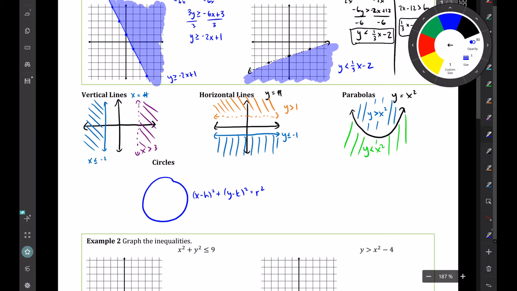So if you have the same thing, but you want (x minus h) squared plus (y minus k) squared less than r squared, then you're going to shade inside the circle. And if it's greater than r squared, you shade outside the circle. That'd be outside.